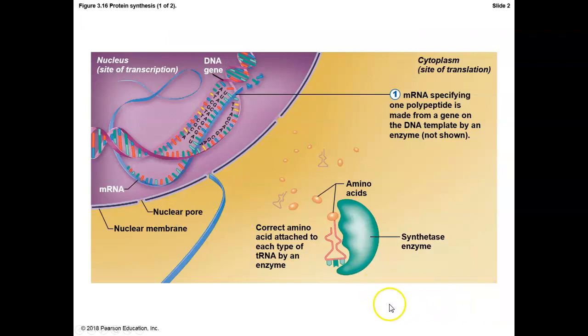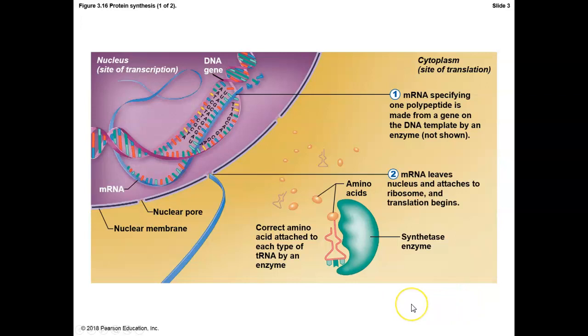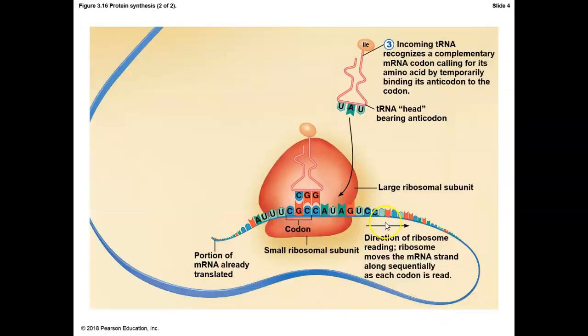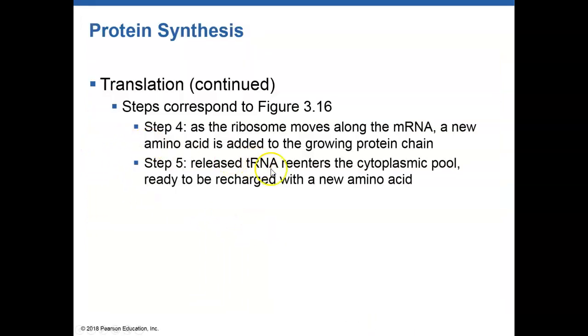So we're going to go through this process, and this is just showing everything I just talked about a little bit closer up so you can see what's going on. I didn't talk about the tRNA once it releases the amino acid.